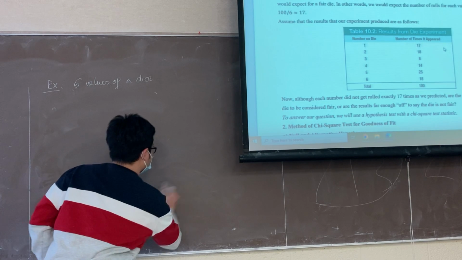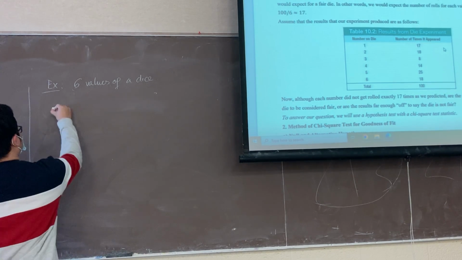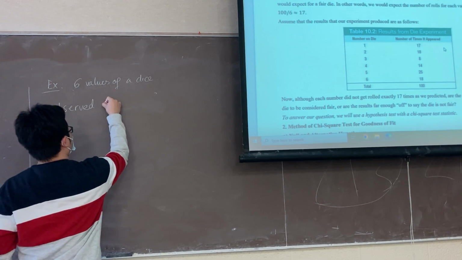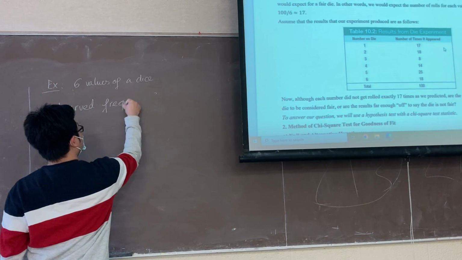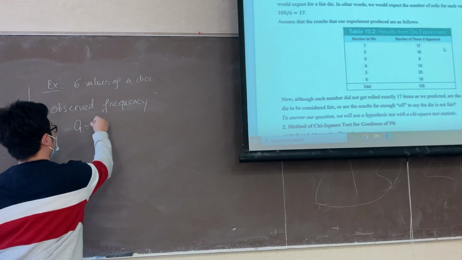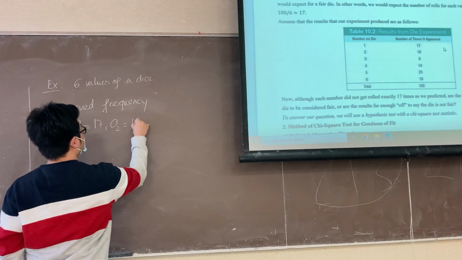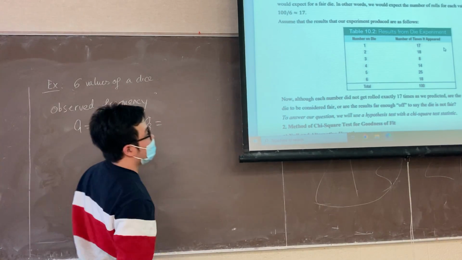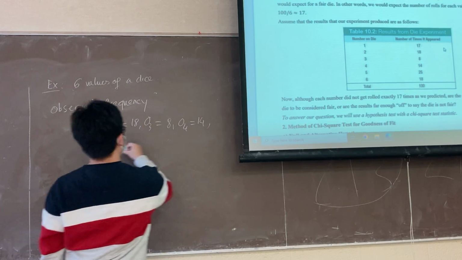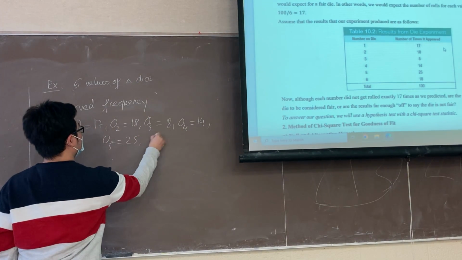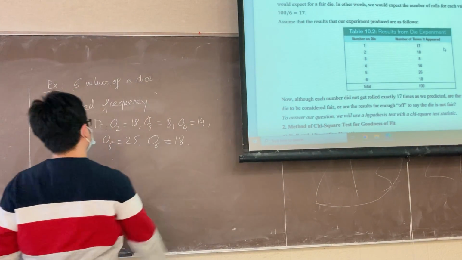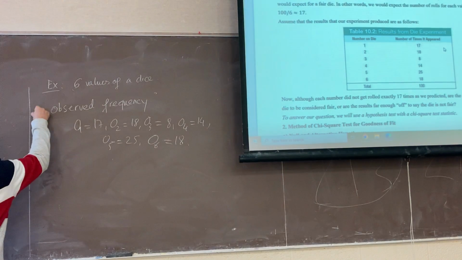So we have the observed frequencies: O1 is equal to 17, O2 is 18, O3 is 8, O4 is 14, O5 is 75, O6 here is 18. That is the observed frequency.